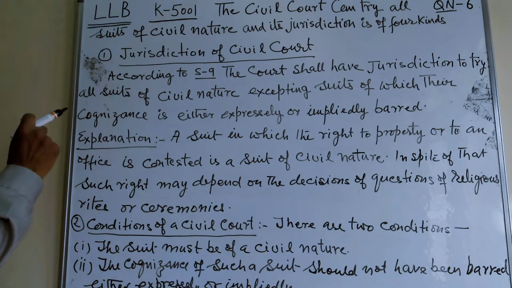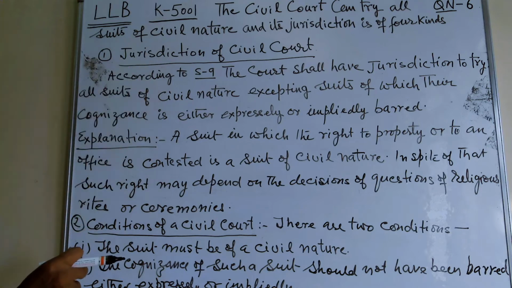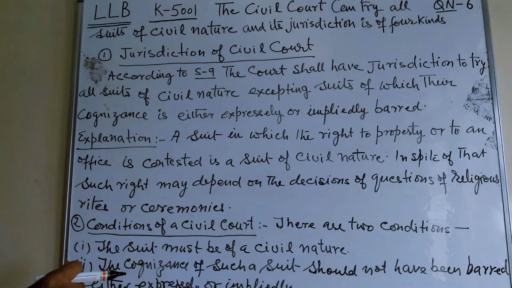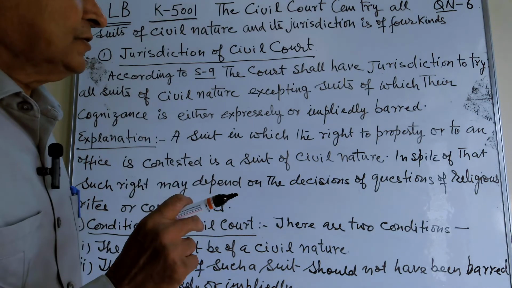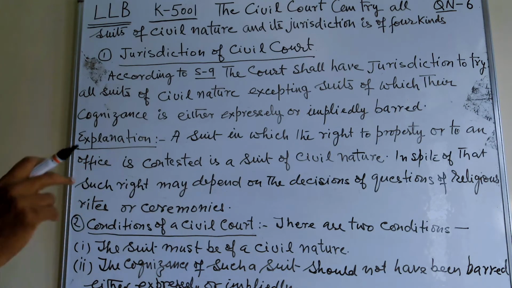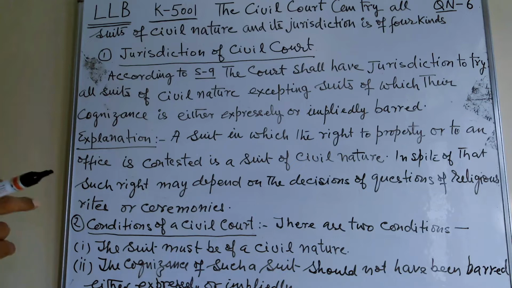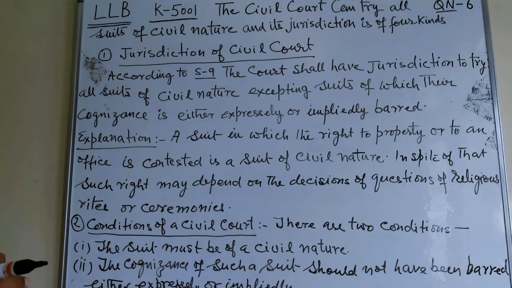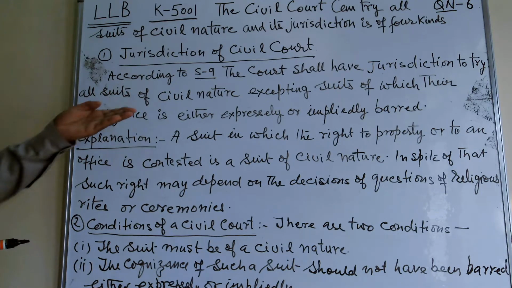So, first, jurisdiction of civil court. According to section 9, the court shall have jurisdiction to try all suits of civil nature, excepting suits of which their cognizance is either expressly or impliedly barred. My dear friends, according to this section, court shall have jurisdiction to try all suits of civil nature.